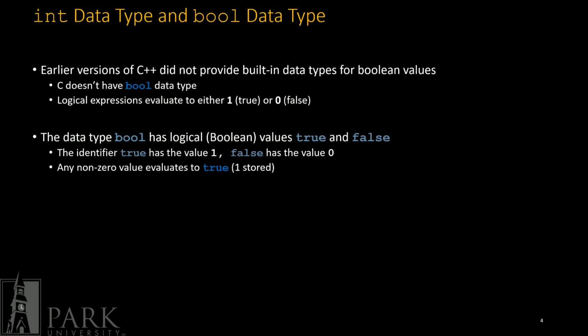So if you have an expression like a string whose contents is a name, and you try to do a Boolean expression on that, it is going to evaluate to true because it is a non-zero value. 0 will evaluate to false because false is already stored as 0.